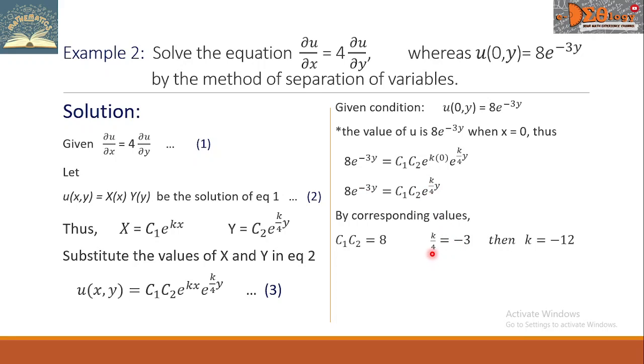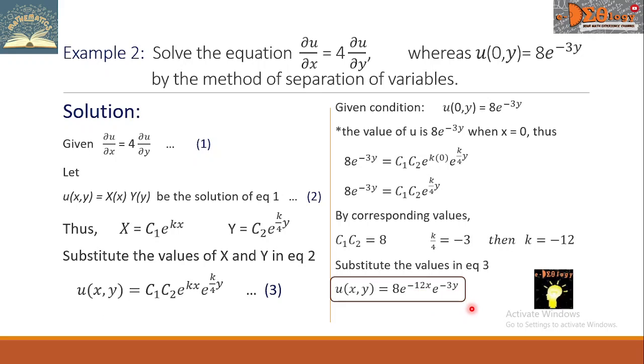So this 4, when we multiply with negative 3, the value of k is derived, which is negative 12. Let us substitute the corresponding values in equation 3. So we have now u of xy equals 8 times e raised to negative 12x times e raised to negative 3y. This is now the final answer.